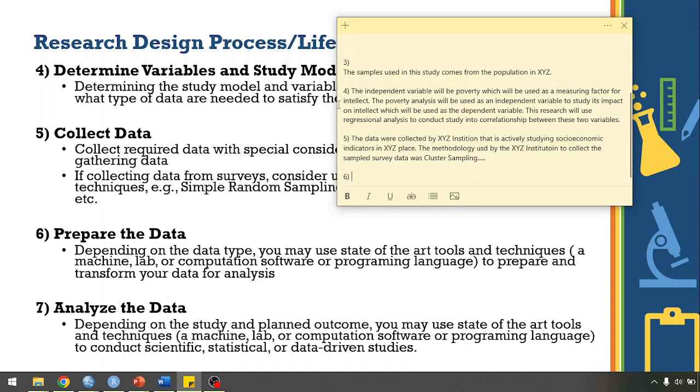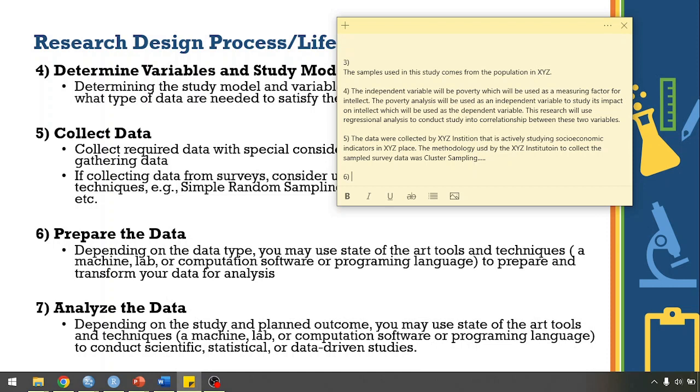And then number 6 is prepare the data, and this is where you shift from the paper and writing toward more action, where you will be using the data. You will be conducting a series of data preparation and transformation steps to make it ready for your analysis, because data in its raw state is not usable for analysis.